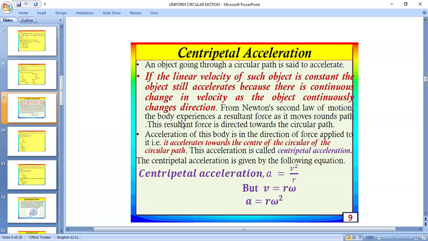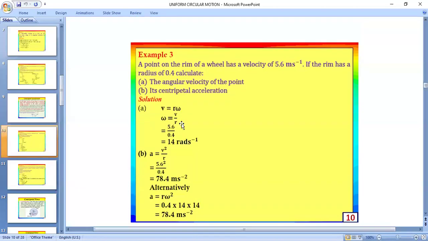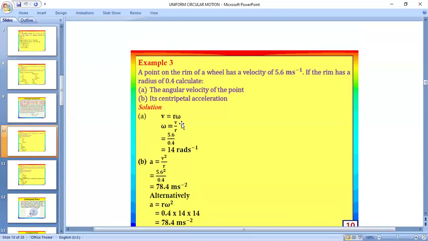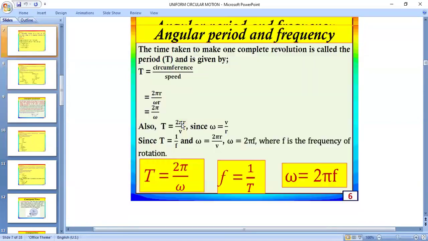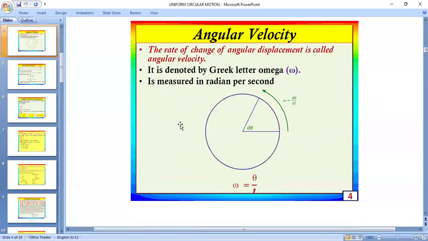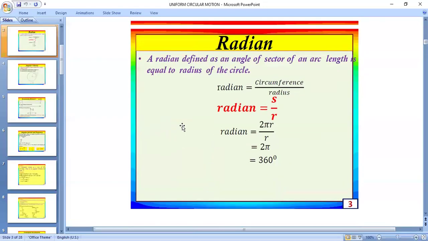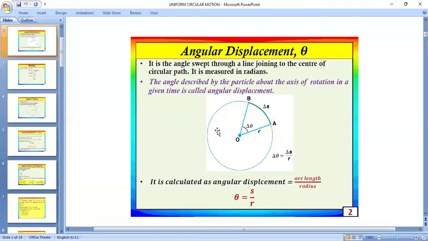Now, one thing you should note is that if we have a body like this one, let's use this diagram here. A body that is revolving around this circle does not change linear velocity. The velocity, linear velocity v, remains the same at A, it will be the same at B, and the same elsewhere on the circle.